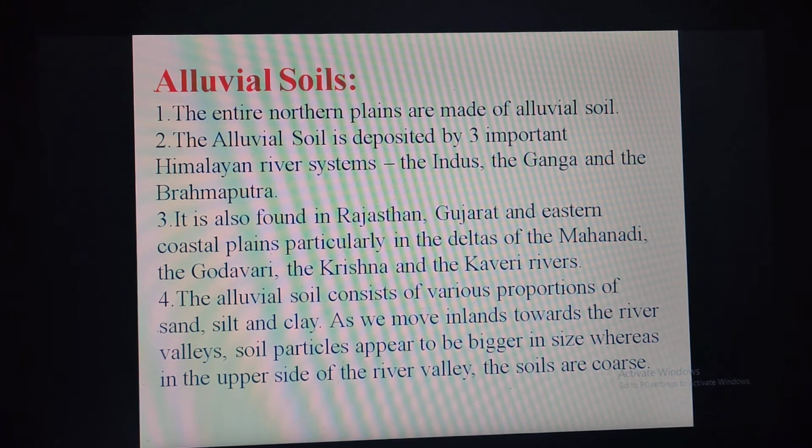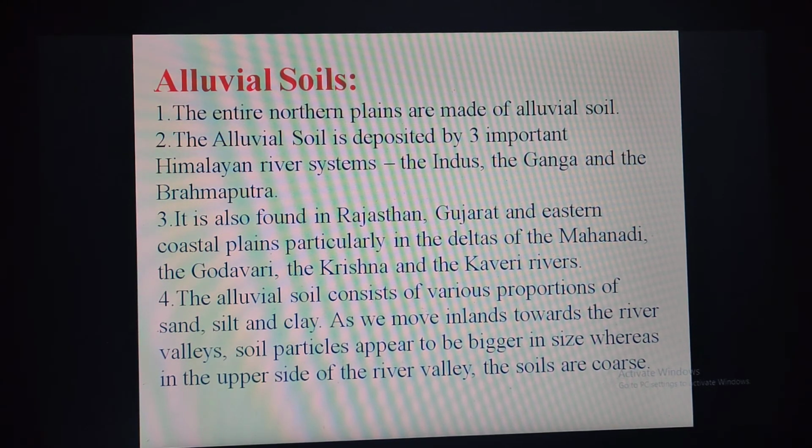These three Himalayan rivers are the main component. Because of these, the alluvial soil is deposited. It is also found in Rajasthan, Gujarat, and eastern coastal plains, particularly in the deltas of the Mahanadi, the Godavari, the Krishna, and the Kaveri rivers.